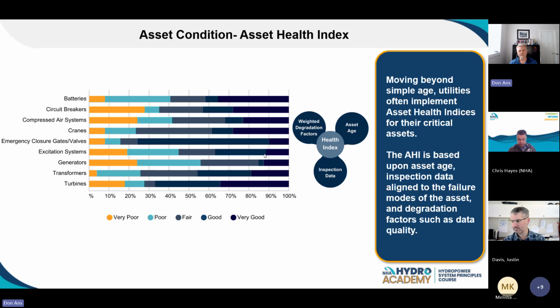But what it does is it allows you to go by asset class, and that's the way this is shown on this chart, and to look at how many assets in that asset class are good, bad, and other. And really, this is very good for management as well as for the people in charge of these asset classes, because then they would know where they need to put investments.